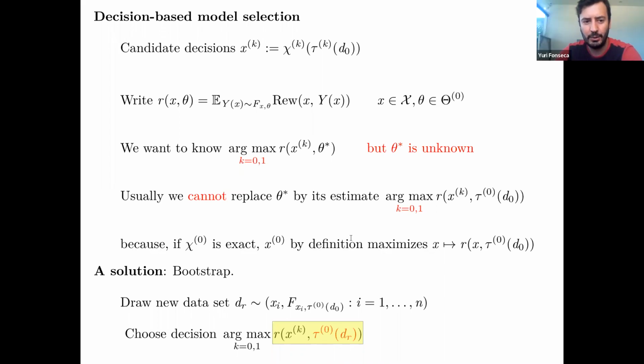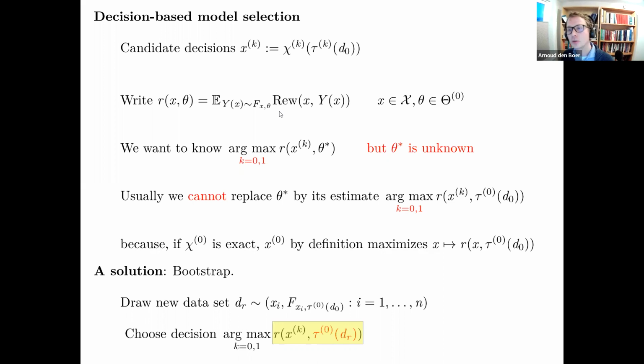Can we see this problem of decision-based model selection as some sort of bandit problem with expert advice, and try to use some of these tools? Yes, that's a good question. So then you get a kind of meta bandit, because we have already a data-driven problem, and then we have two experts who, based on the same data set, try to say something about the best decision.